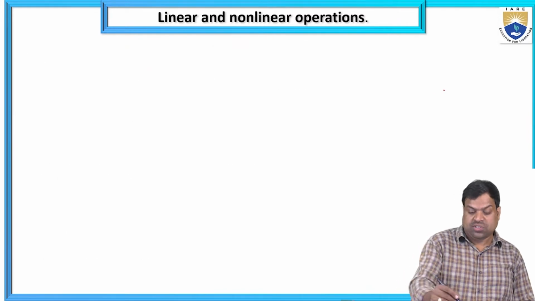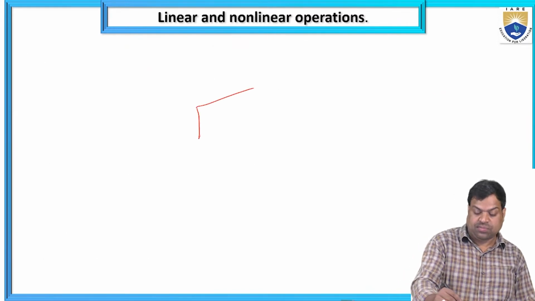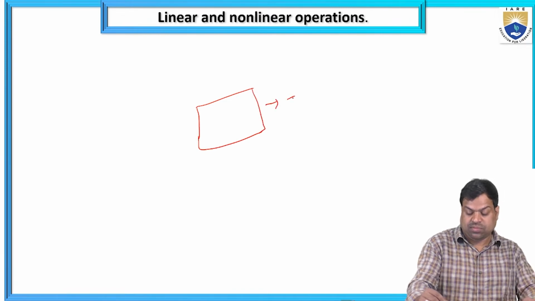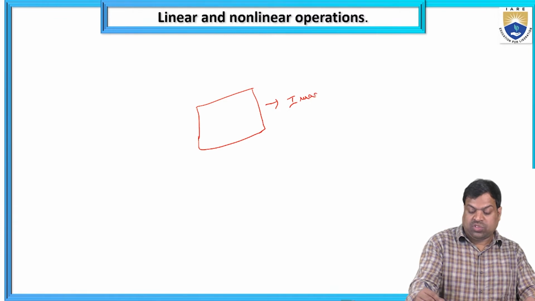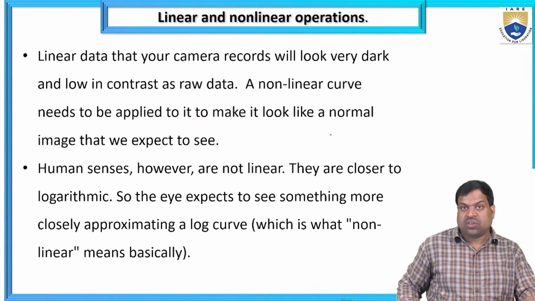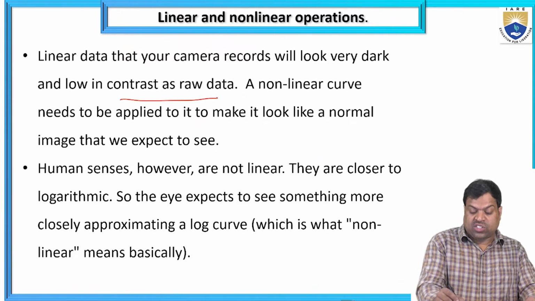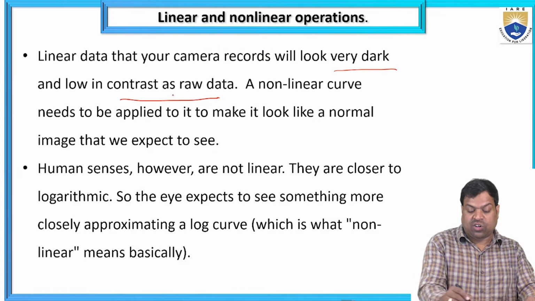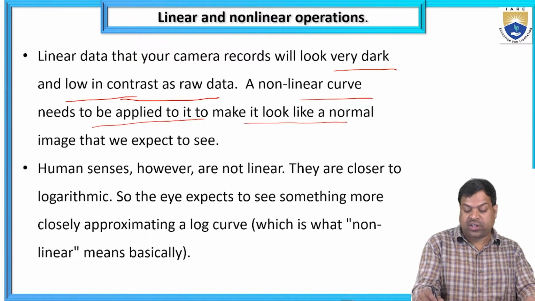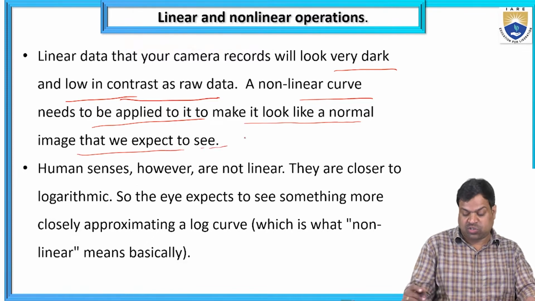Suppose the image has black and white. When it is raw data, it is very dark and low in contrast. A non-linear curve needs to be applied to make it look like a normal image that we expect to see.